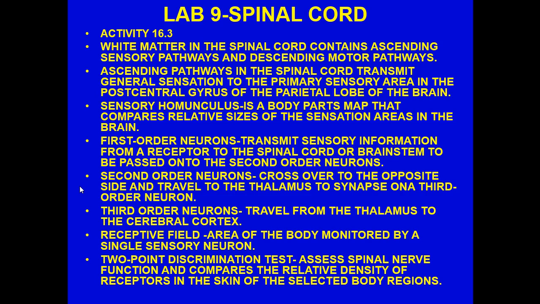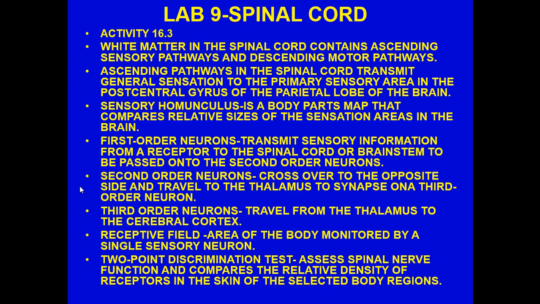Okay? But let's talk about how this chain of information passes. The first order neurons transmit sensory information from a receptor to the spinal cord or brainstem to be passed on to the second order of neurons. The second order of neurons cross over to the opposite side and travel to the thalamus to synapse on a third order neuron.